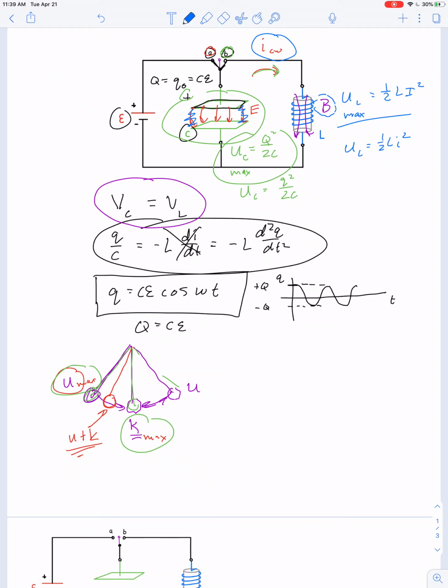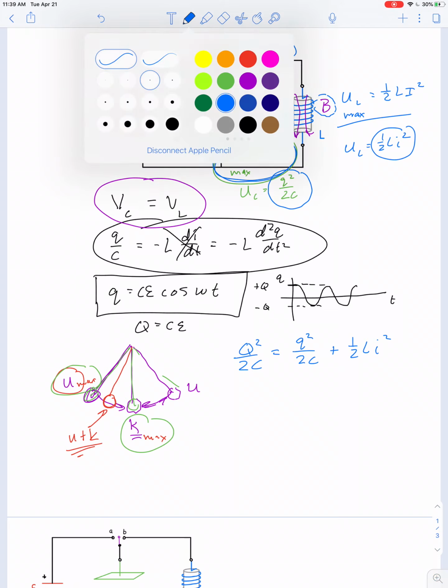So let's see. We could say that the maximum value of the energy in the capacitor has been transformed into a combination of some energy in the capacitor plus some energy in the inductor. In other words, capital Q squared over 2C, the maximum initial energy in the capacitor, is equal to lowercase q squared over 2C plus 1/2 L i squared.